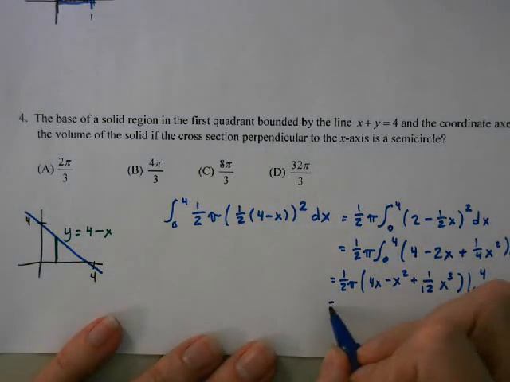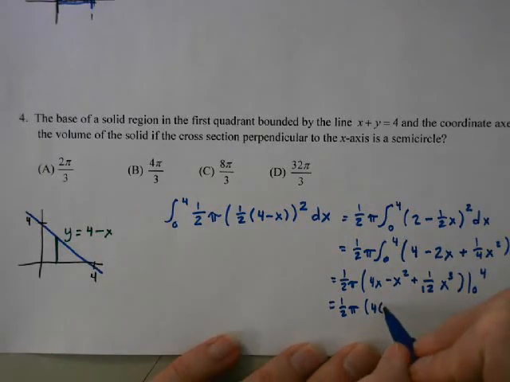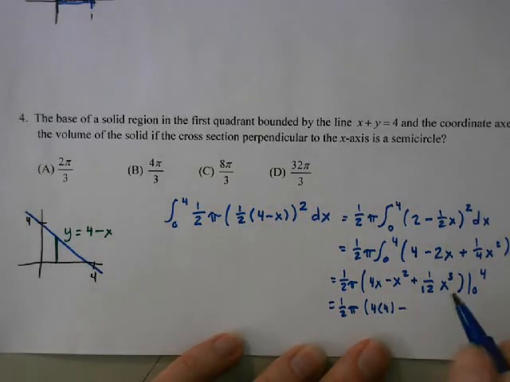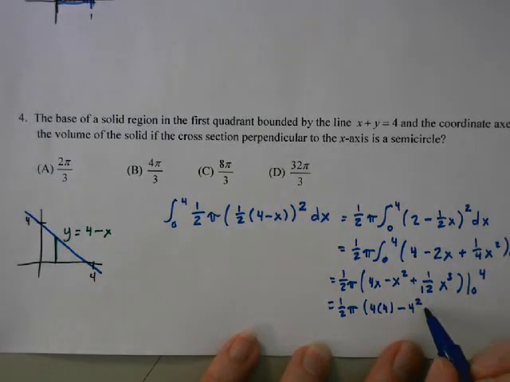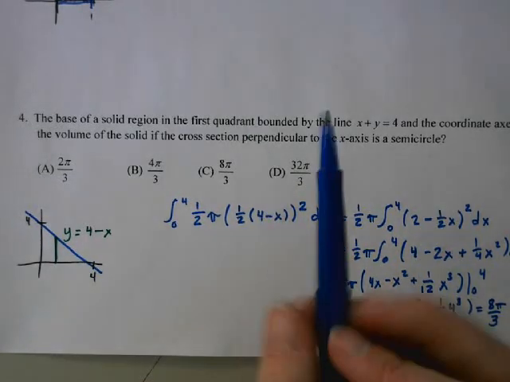Okay, and if you plug all this in with the 4, so we're going to have 16 minus 16, so those are going to go away, plus 1/12 of 4 cubed is 64, and then multiply that times the 1/2 gets us, so I just have it as 8 pi over 3, which is C.